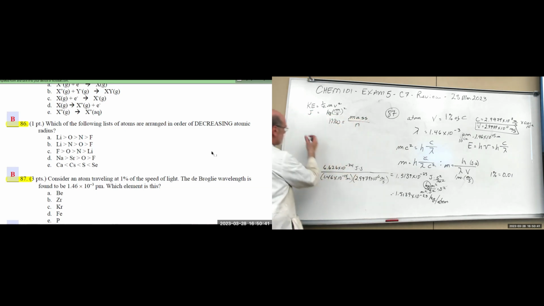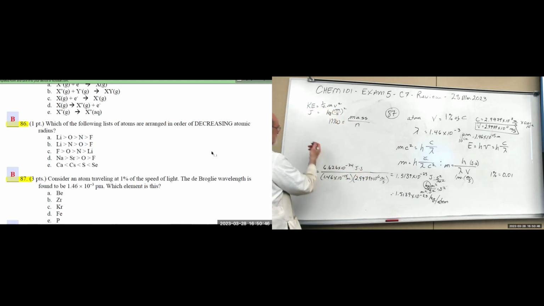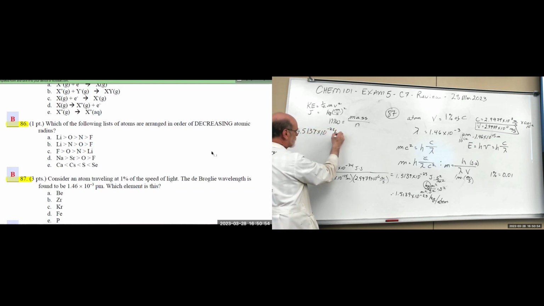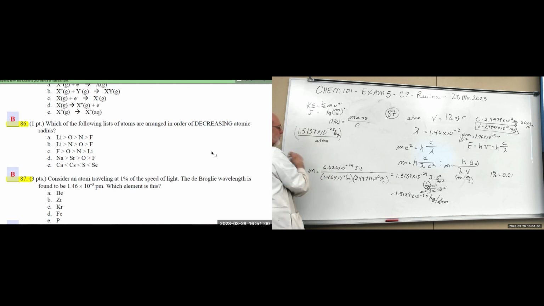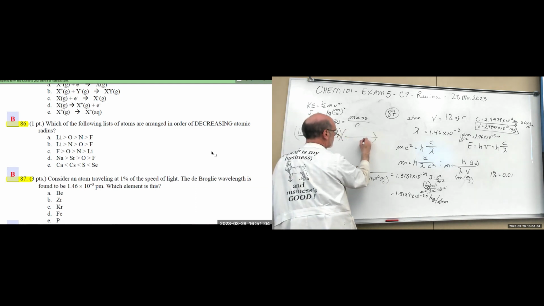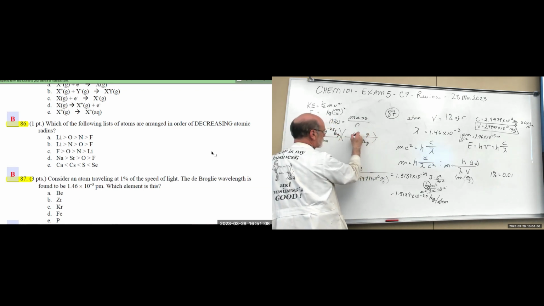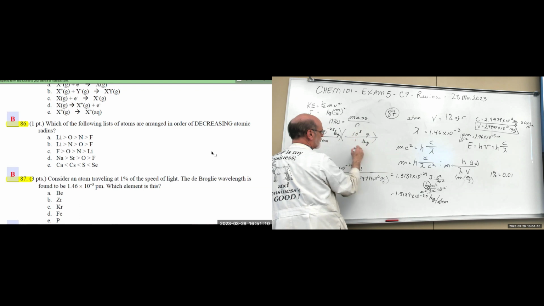So we've got a dimensional analysis problem. 1.5139 times 10 to the minus 25 kilograms per atom. But we want grams per mole. So let's change them one at a time. Kilograms on the bottom to cancel that one. Grams on the top. 10 to the third grams per kilogram.